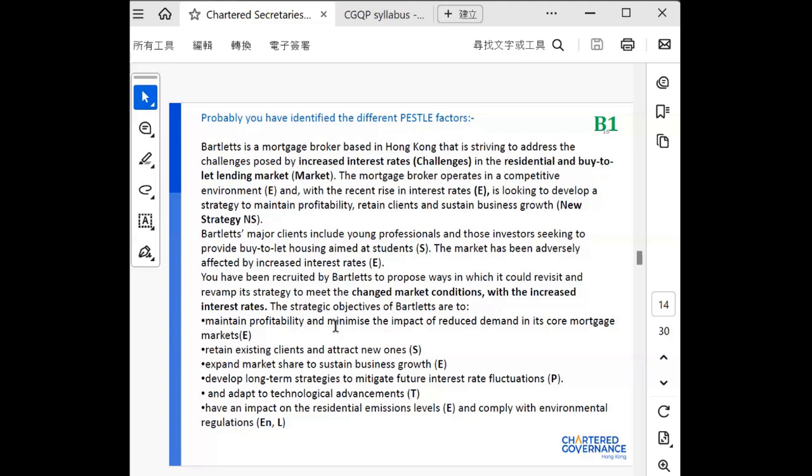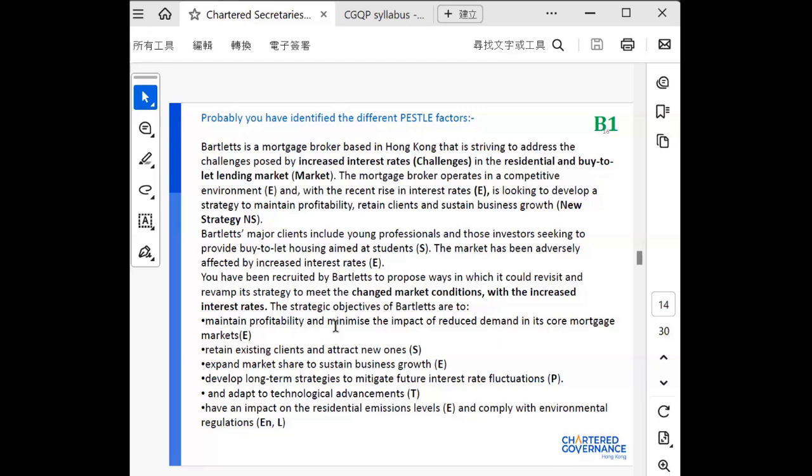So they're looking to develop the strategy. This is your new strategies, to develop these new strategies to retain its clients and sustain business growth. Now the major clients include young professionals and those investors seeking to provide buy-to-let housing aimed at students.